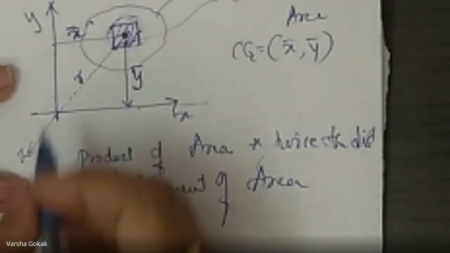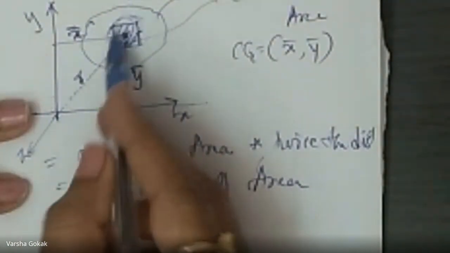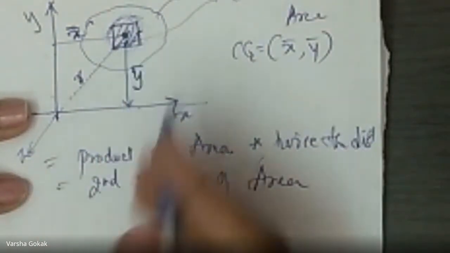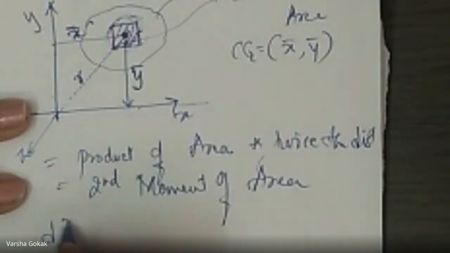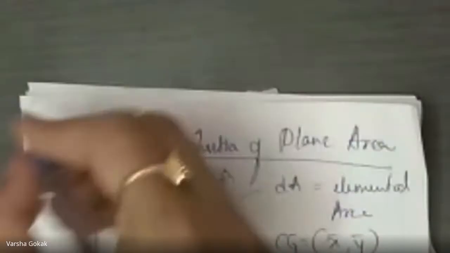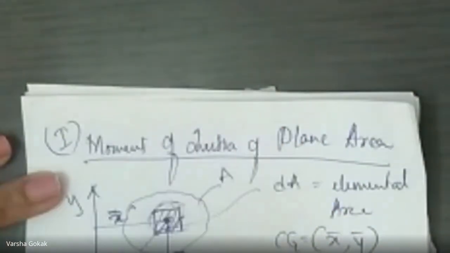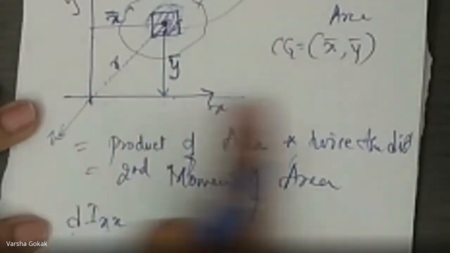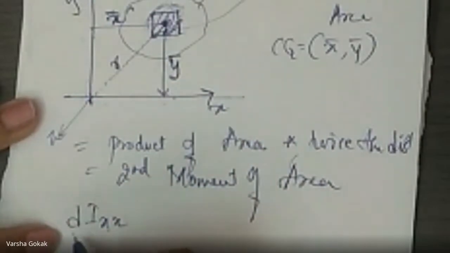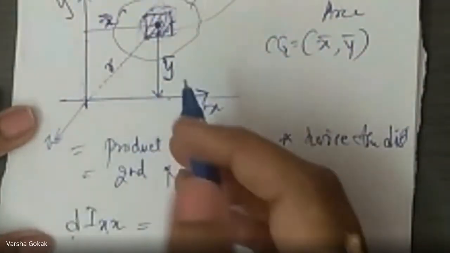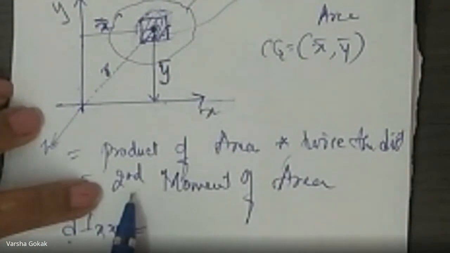Now for this, let us write the equation. Say I want to write MI of this elemental area about the x-axis. Because this is an elemental area, the moment of inertia also becomes elemental. So dIxx. Moment of inertia is always denoted by I. So dIxx I will write, Ixx because along the x-axis, and d because it is for elemental area. dIxx is given by, as I stated in the definition, the second moment of area.